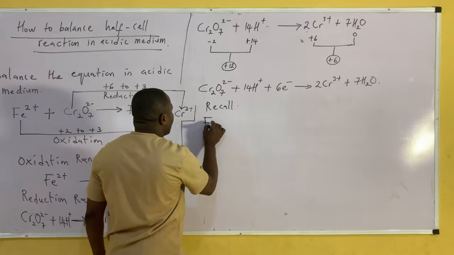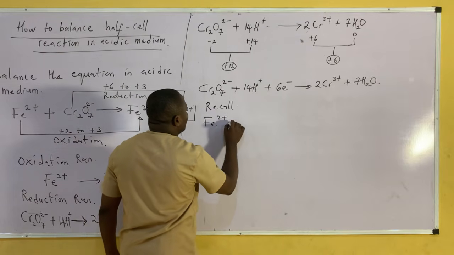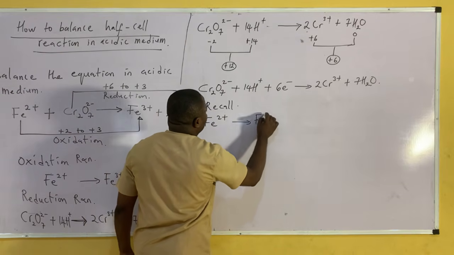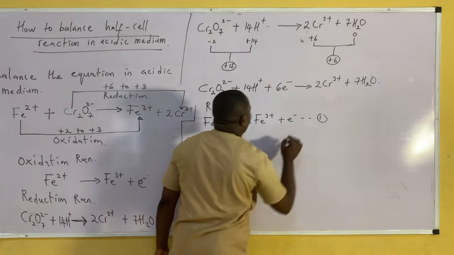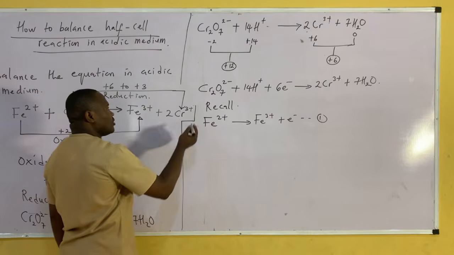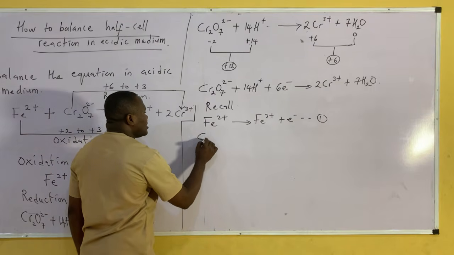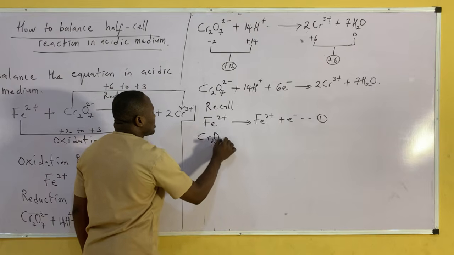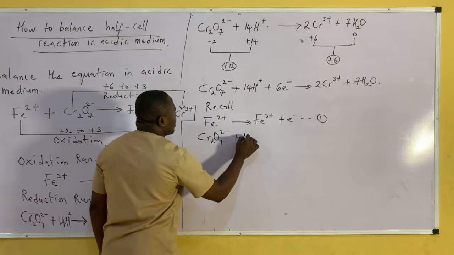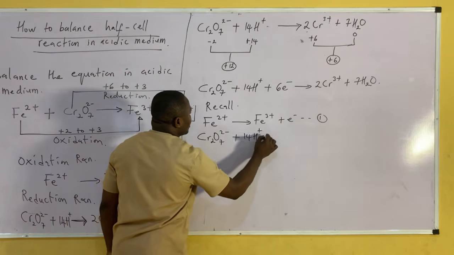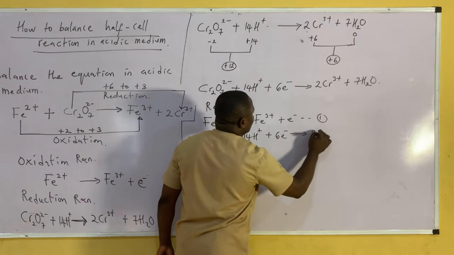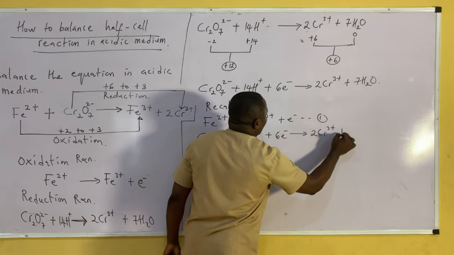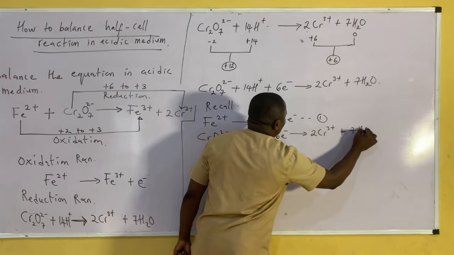What do I want you to recall? Equation 1 is Fe2+ to give us Fe3+ plus e-. This is my equation 1. What about my equation 2? Equation 2 is Cr2O7 2- plus 14H+ plus 6e- to give us 2Cr3+ plus 7H2O.